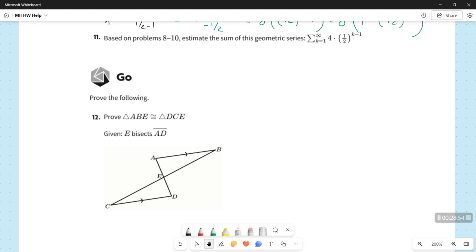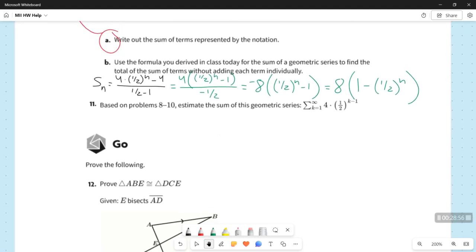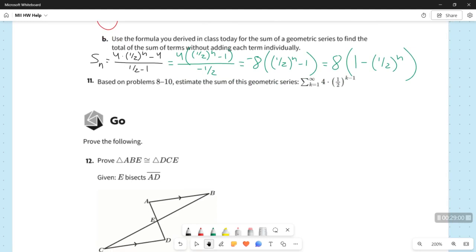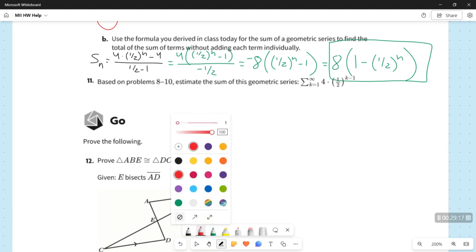So all we have to really do for question 11 is to think about what is going to happen if we take our answer, let's use our final, fancy version for number 10. Let's just take a look at this final answer here. I'm going to do this in kind of a weird color.